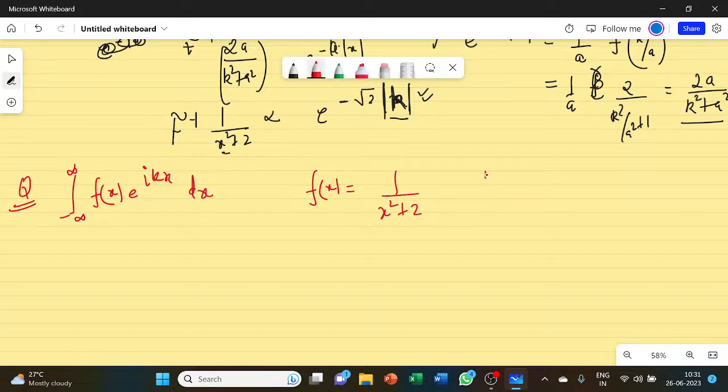The options that were given to you: option number A was root over 2 pi, e to the power minus root over. Option number B was root over 2 pi, and then e to the power minus root over 2 ck. That is what I was saying, that there was an option without modulus.